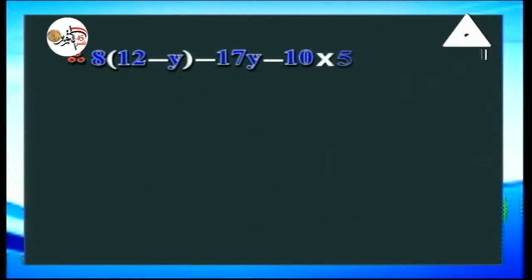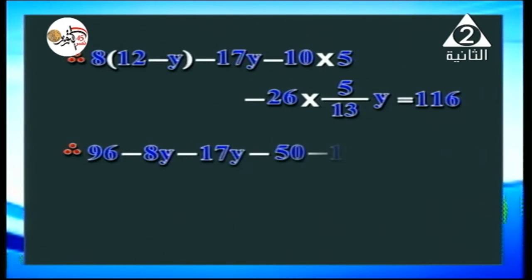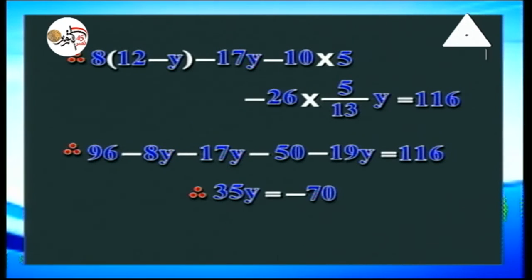Therefore, my dear student, we substitute into the sum of moments about point O: 8 times (12 minus y), minus 17 times y, minus 10 times 5, minus 26 times 5 over 13 y, equals what? 116 from the given. By the same method, we find the value of y. Therefore, we have 35y equals negative 70. Then y equals what? Negative 2.